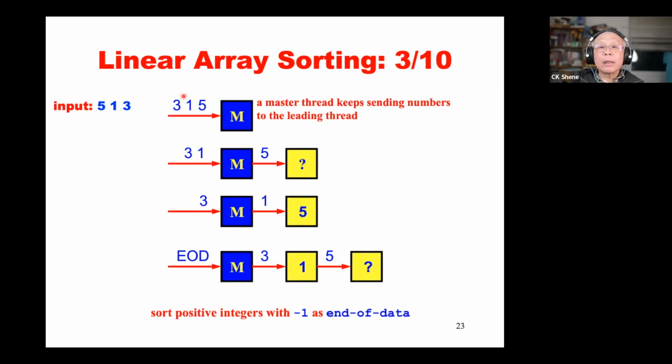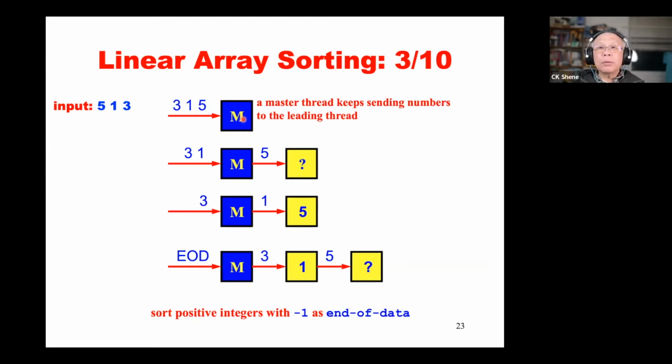Let's take a look at an example to illustrate this idea. Let's say the input values are 5, 1, and 3 in this order. We need a thread, which I will call the master thread. In this diagram, it's colored blue.